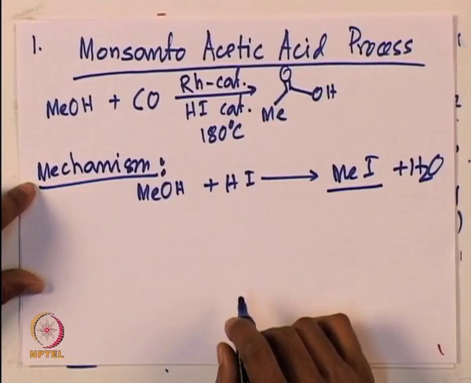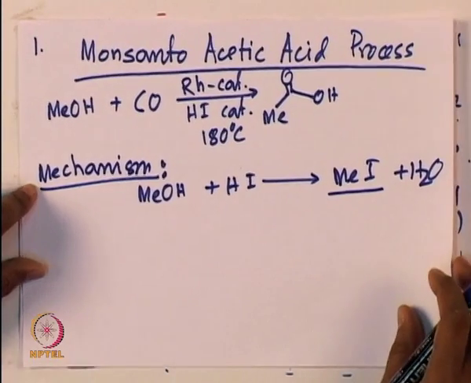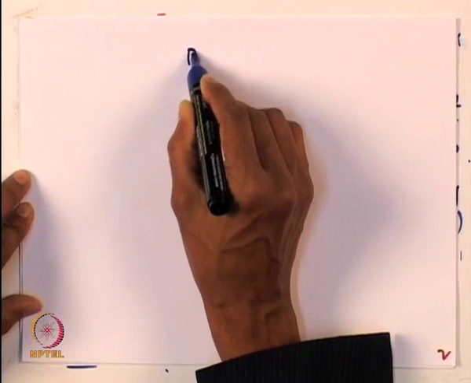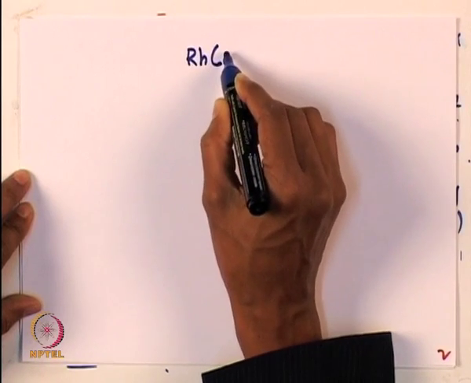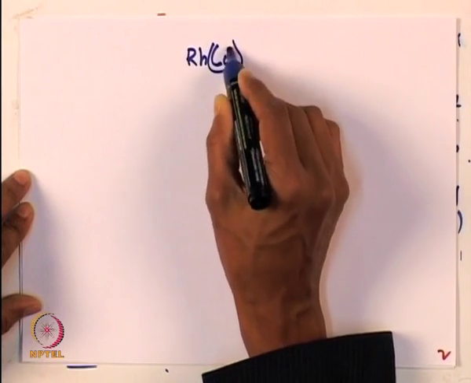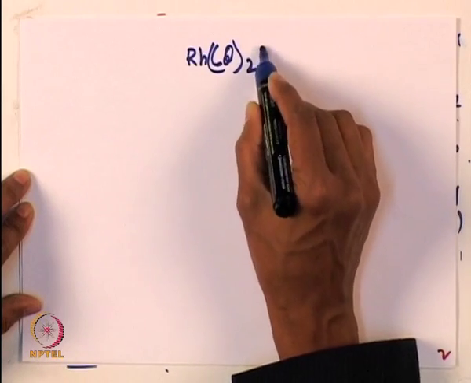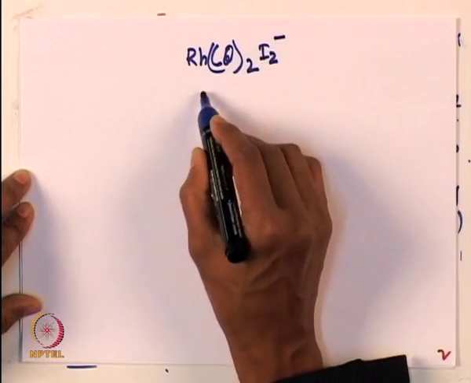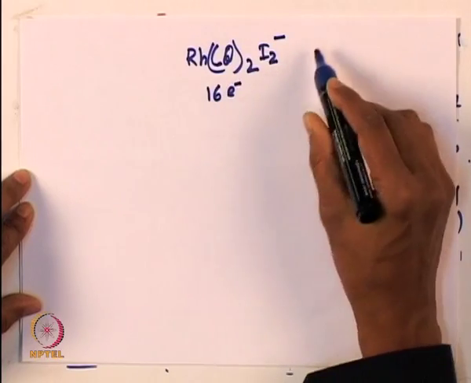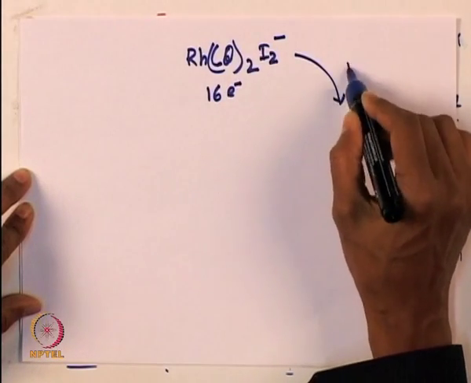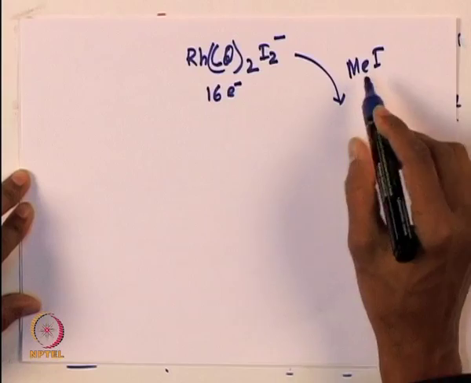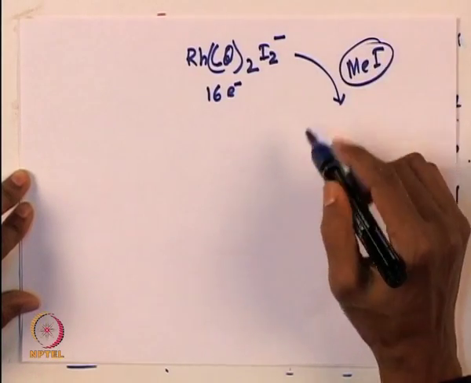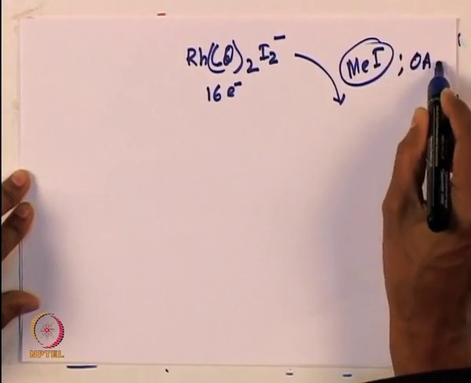Now from there on, of course, a catalytic cycle will start off where rhodium will come into the picture. So that is the rhodium dicarbonyl species, that's the catalyst, let's say, that is used. It's a 16 electron species, and the methyl iodide that we have just formed will participate in the reaction and undergo oxidative addition, right.